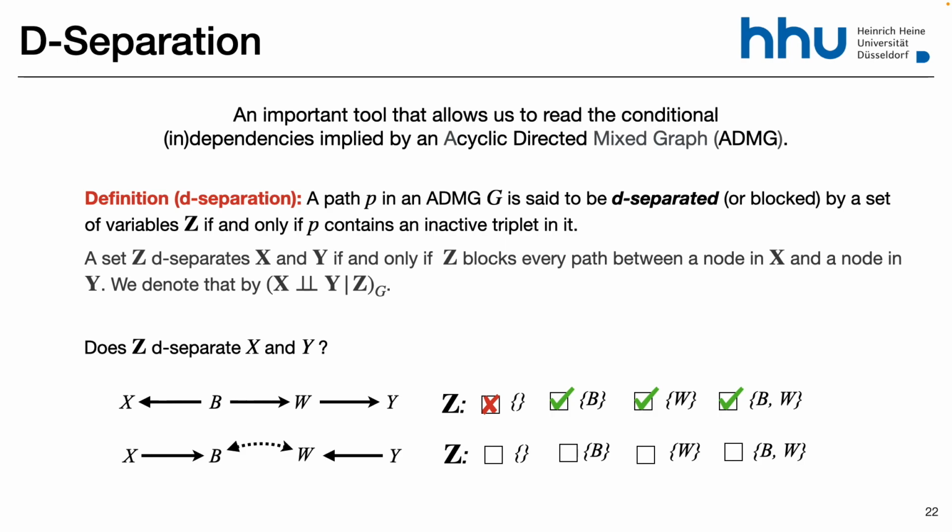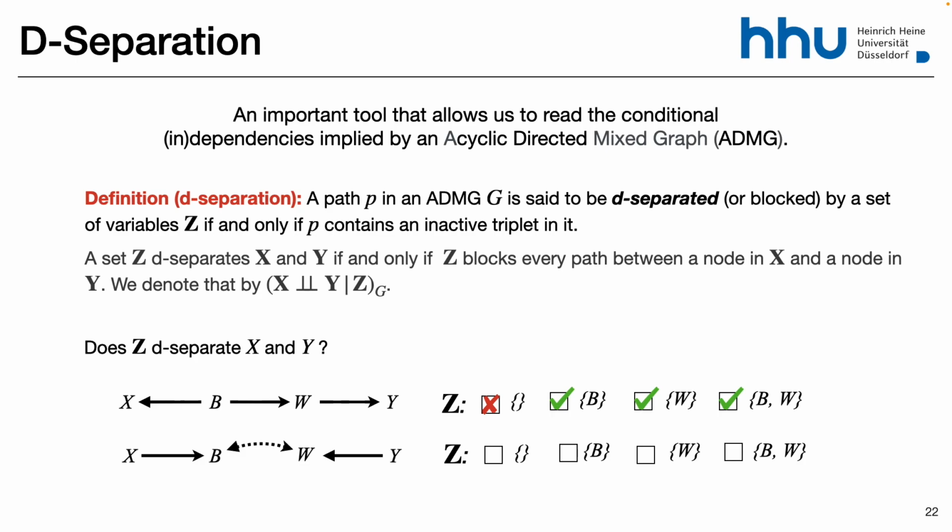So it's the other case of a triplet. If the variable in the middle is a collider and I'm not conditioning on the variable itself or any descendant of the collider, is the information from X reaching W? It's the case of the Monty Hall problem.